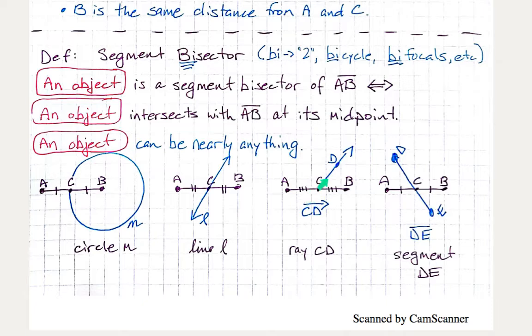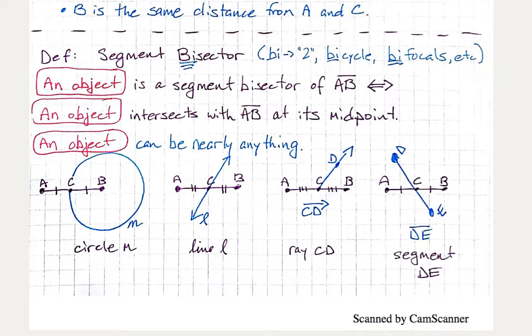The intersection of the ray CD and the segment AB is that midpoint, and therefore that ray is also a segment bisector. Finally, we've got an example of a segment DE. It cuts through AB at point C. From C to B is the same distance as from C to A. Notice the tick marks, 1, 1. Therefore, segment DE is a segment bisector of AB.